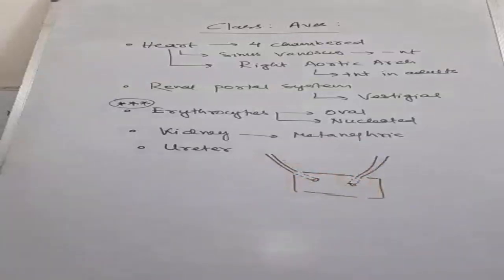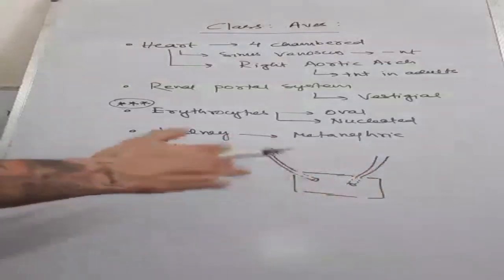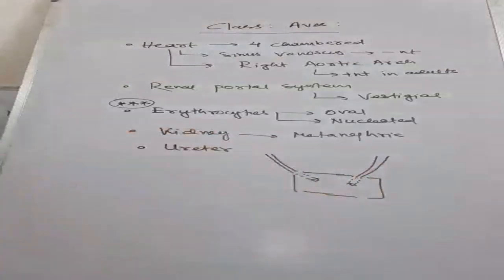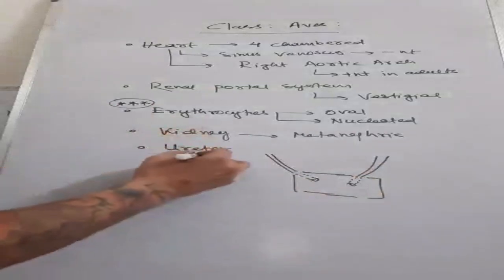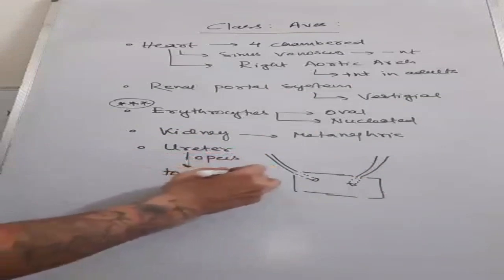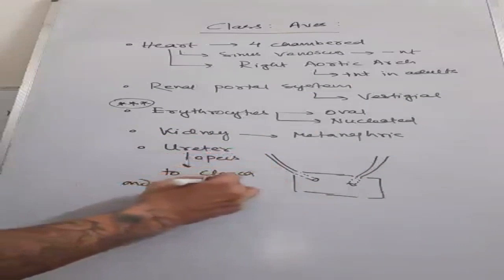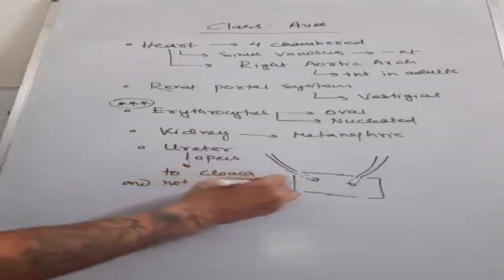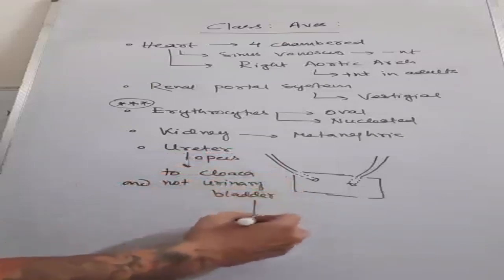But in case of the birds, this ureter does not open to the urinary bladder. Why? Because birds don't have a urinary bladder. They have a cloaca. So the ureter actually opens to the cloaca and not the urinary bladder.